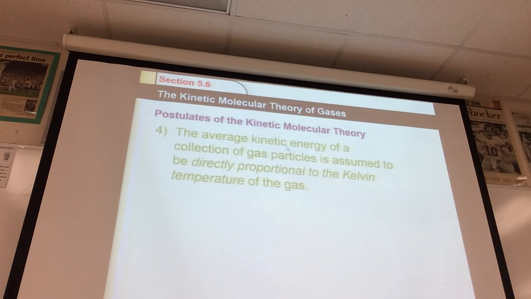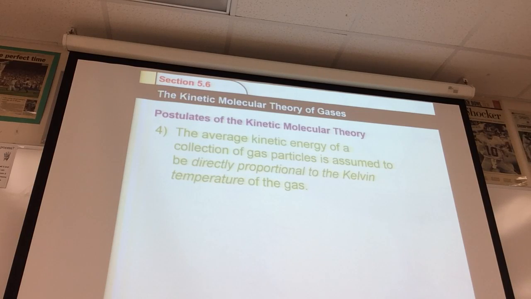The average kinetic energy, when you have a bunch of gas particles, is directly proportional to the Kelvin temperature of the gas. If the temperature is constant, all of the gases, regardless of their molar masses, have the same average kinetic energy.